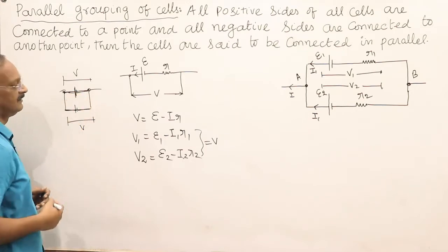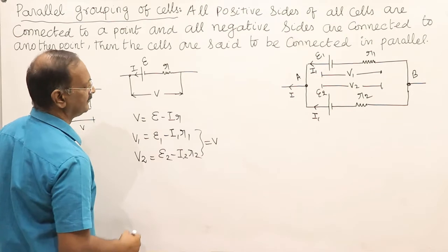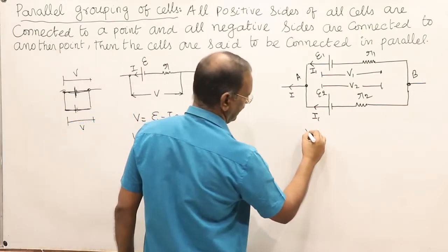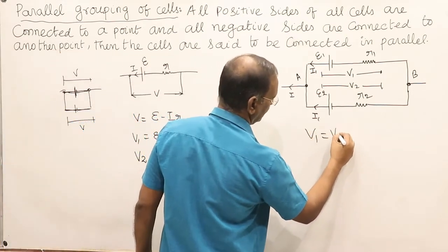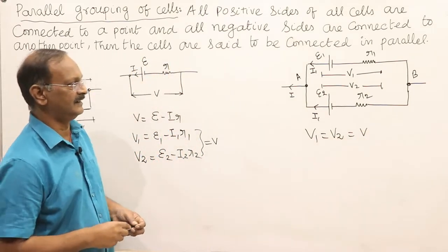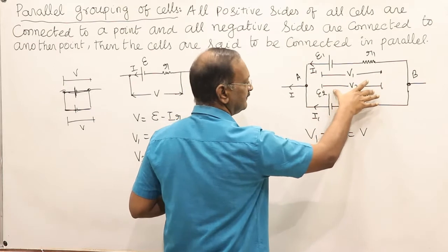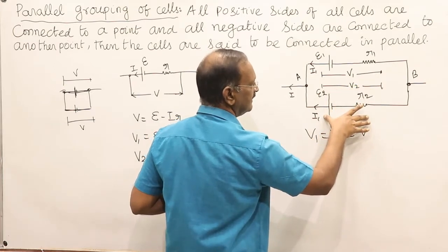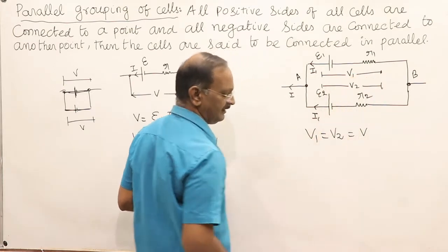Here we call it the terminal potential difference. So we can say V1 is equal to V2 is equal to V because of the parallel connection.